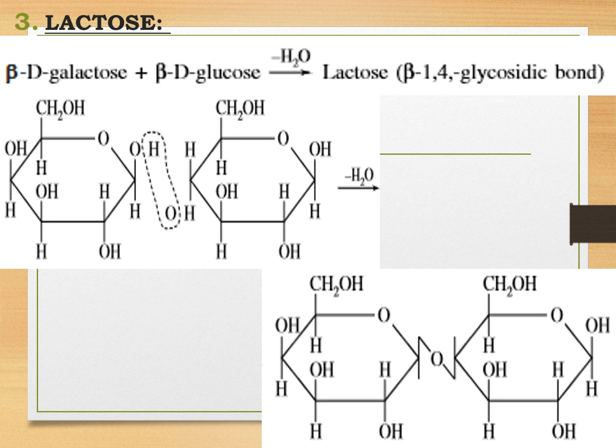Now, if you see, the structure of galactose and the structure of glucose are quite similar. The only difference is at the C4 carbon atom. For glucose at C4 it is HOH, whereas for galactose at C4 it is OHH.